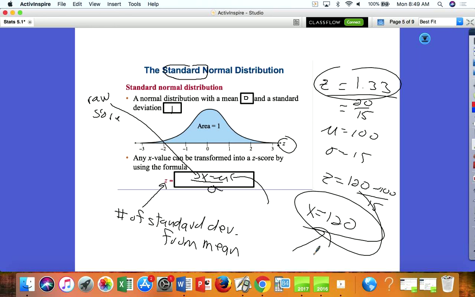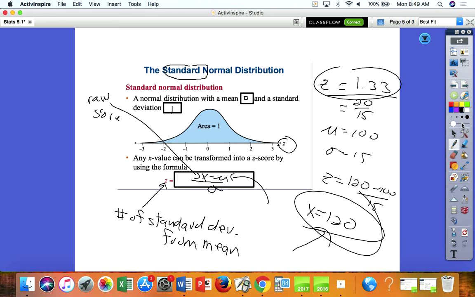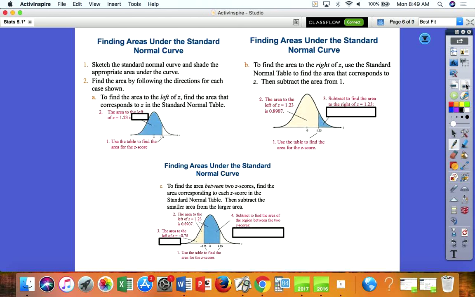It's a standard normal table. So what is the z-score for 120? We said 1.33. So the table will tell you what percent of the whole group 1.33 is above. Okay. So let's turn to our table and let's look up 1.33.